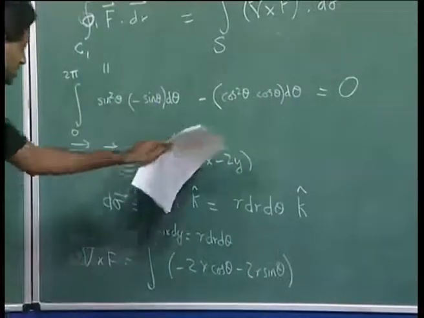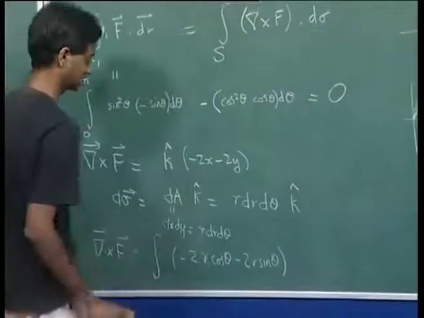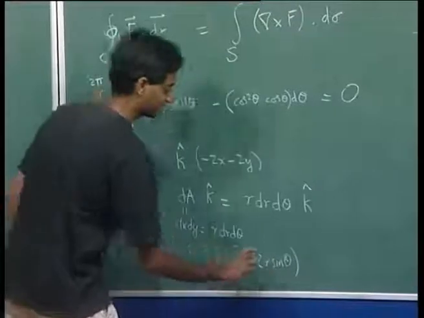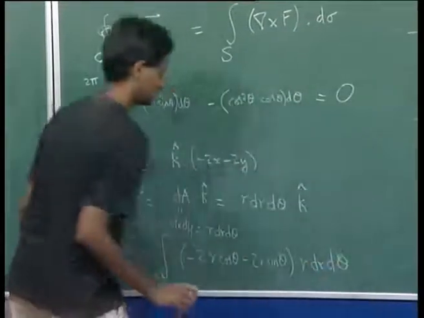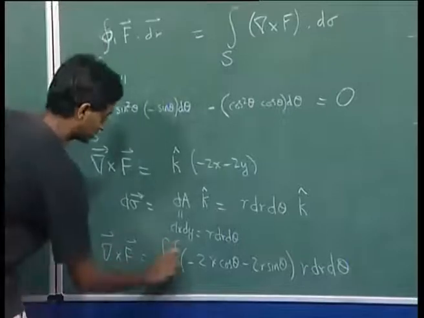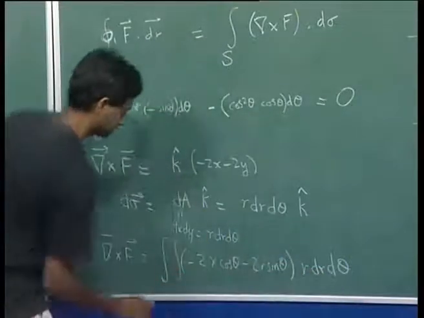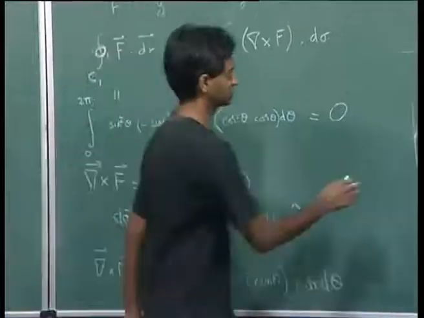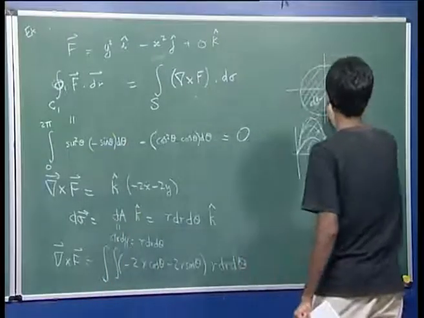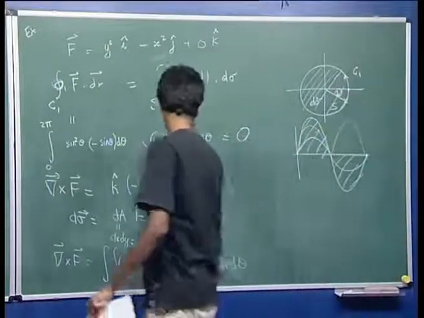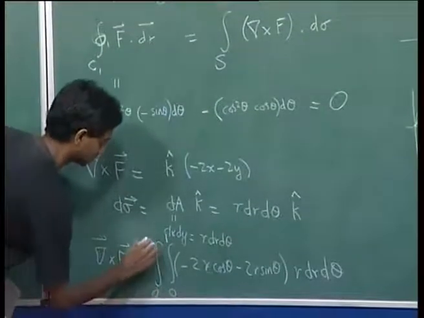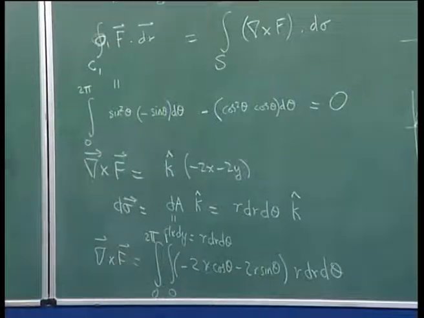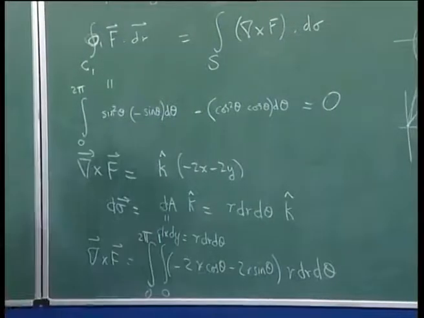Okay, that is minus 2x minus 2y, written in polar coordinates, and instead of dA, what I have is r dr d theta, and I have to integrate both r and theta to get the full area integral. So I have to integrate over this entire area, and that corresponds to r going from 0 to 1 and theta going from 0 to 2 pi. Okay. So that corresponds to the entire area.